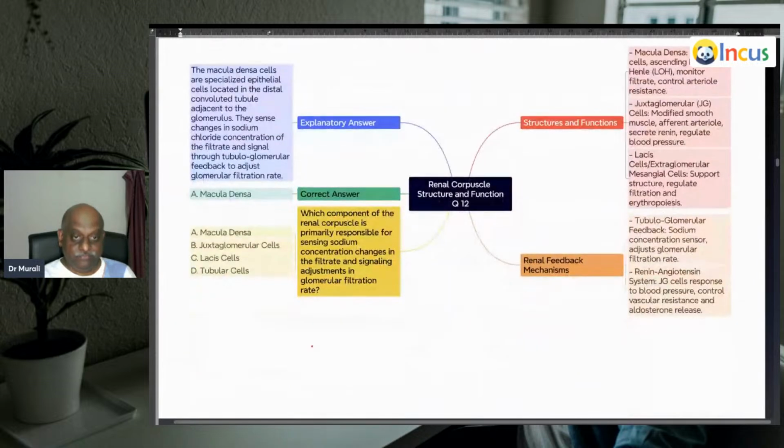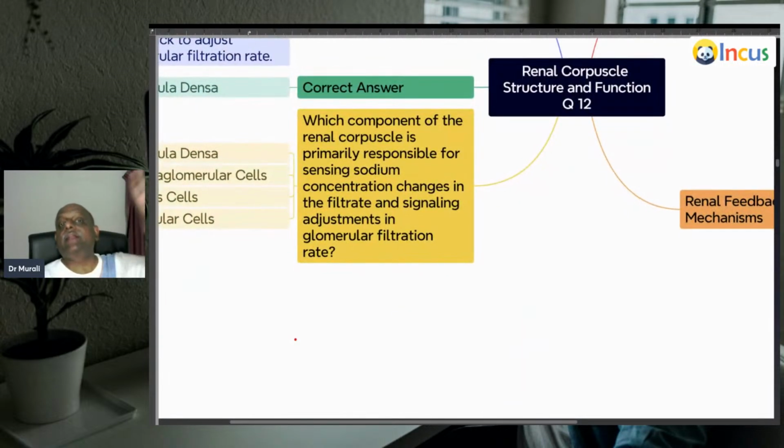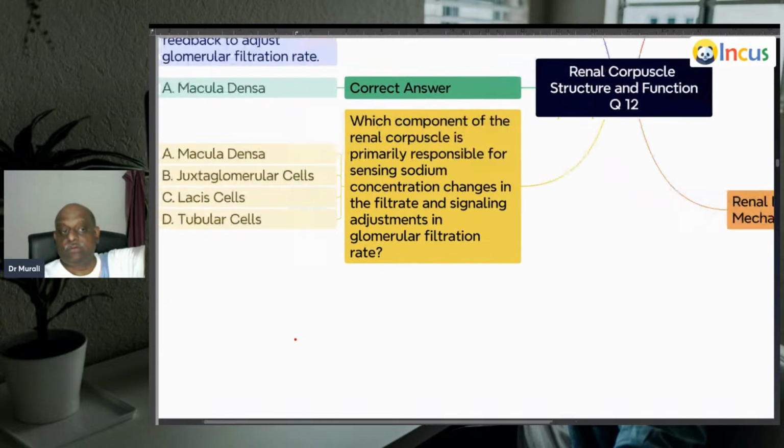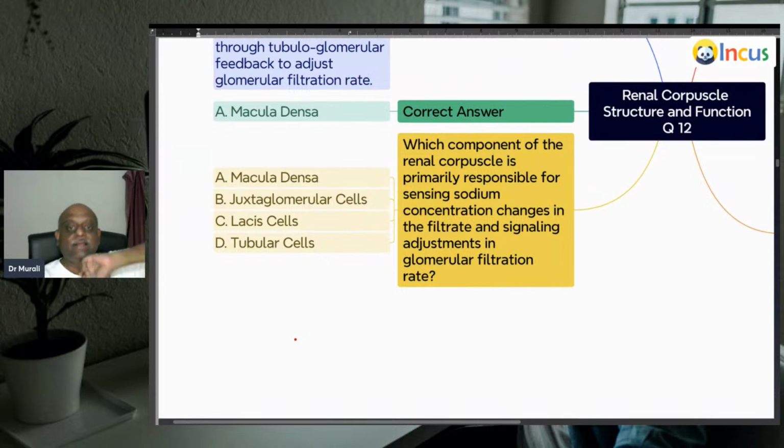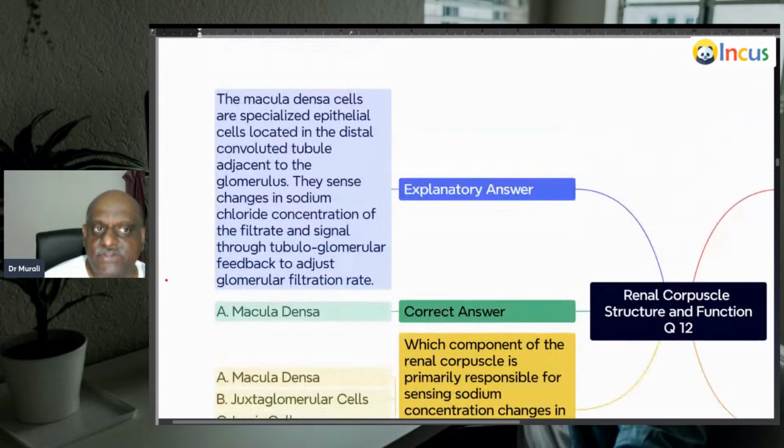Now, which component of the renal corpuscle typically senses the sodium concentration inside the glomerular filtrate and accordingly will signal the release of renin, angiotensin, and adjust the GFR? It is the macula densa.